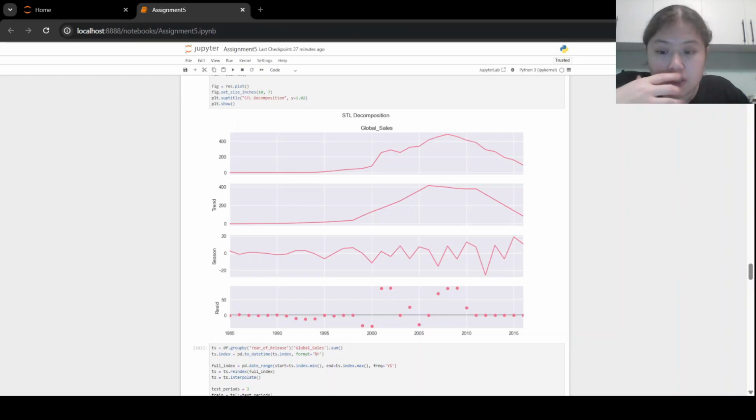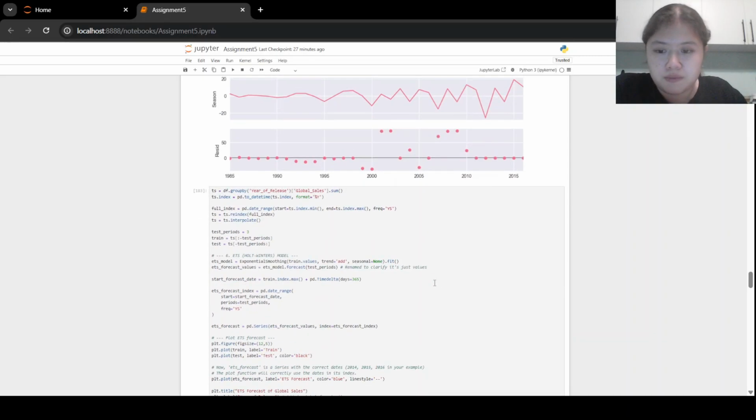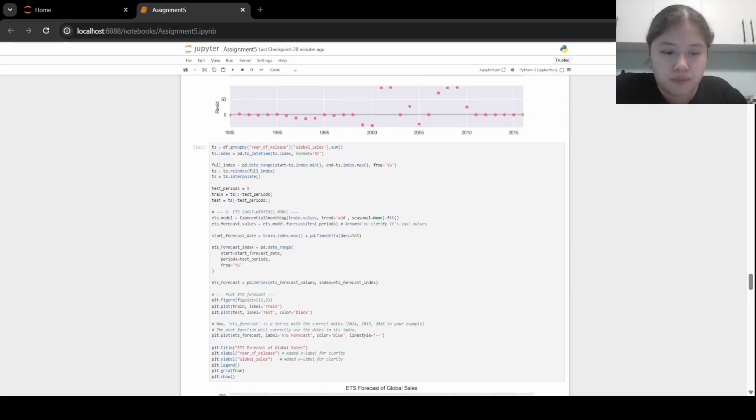And we have residuals, and it basically shows outliers, and as you can see, in the 2000s, there are really big outliers, which means that some games were much higher than the overall mean of that year, so it just became an outlier, and it was difficult to predict the overall trend for it. And now we have ETS.